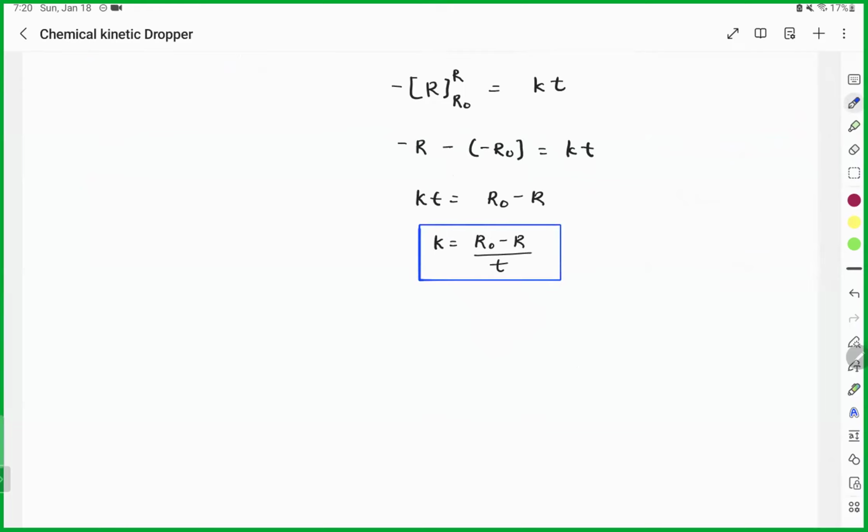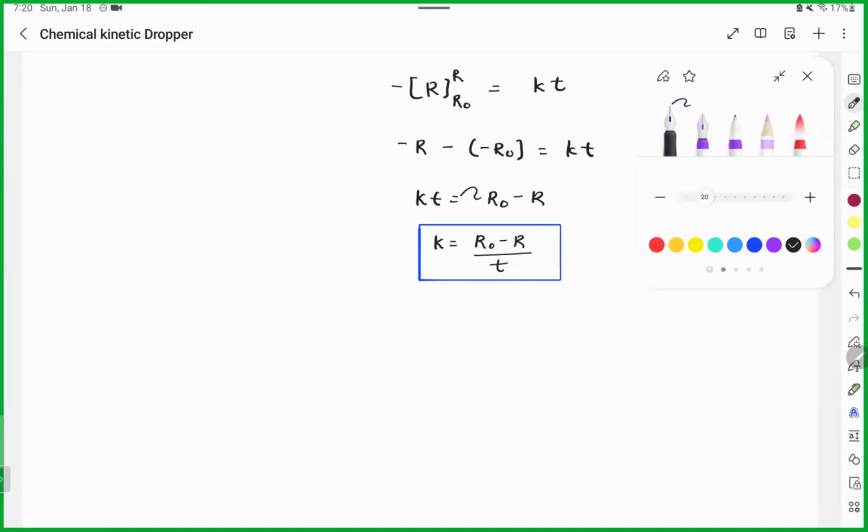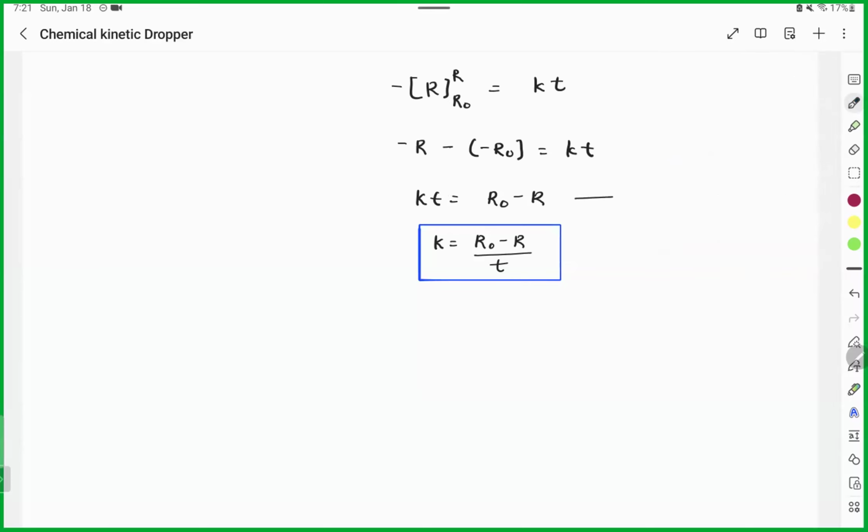What is the relationship between time and concentration? So if you take the concentration and time relationship based on this, R goes to the other side, and this goes to the other side, it becomes plus, and this becomes minus. Yes or no, guys?